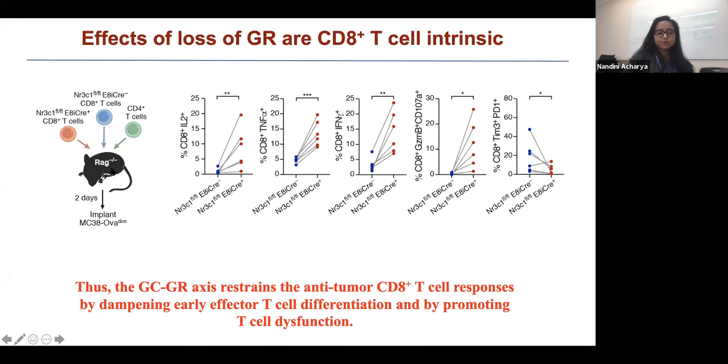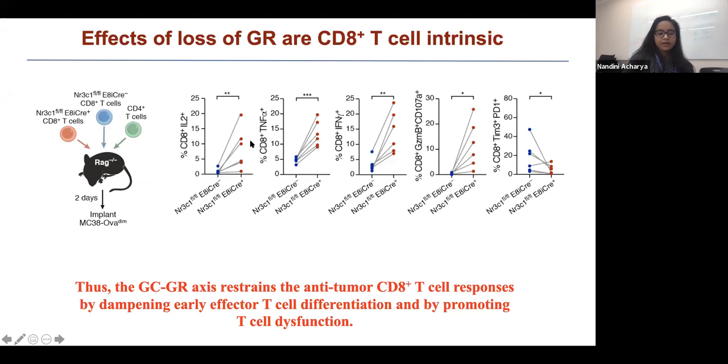So they were transferred into Rag knockout mice along with CD4 T cells. And after the reconstitution of Rag knockout mice, 2 days later, we implanted MC38 ova tumors. And then at an intermediate time point of analysis, we looked into the cytokine producing capacity of the T cells, and also we looked at the expression of checkpoint receptors.